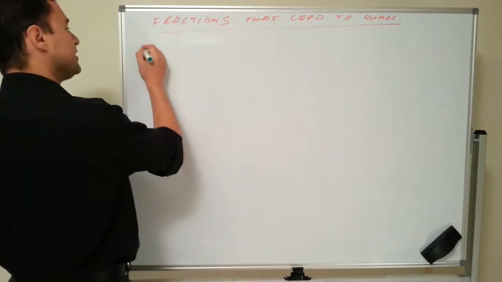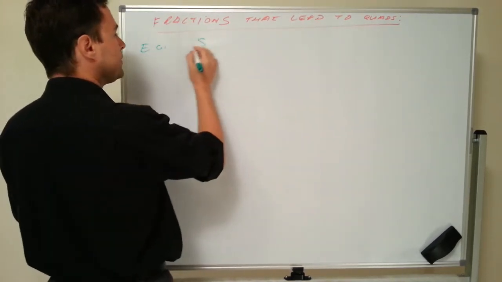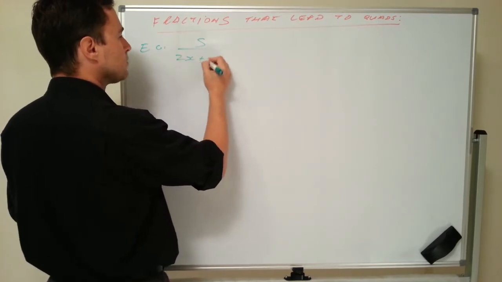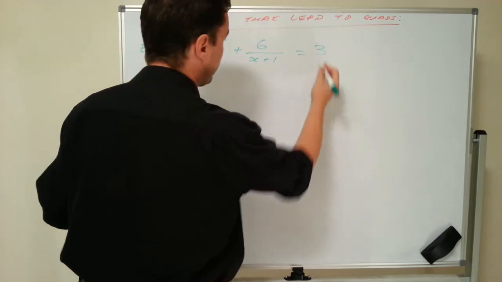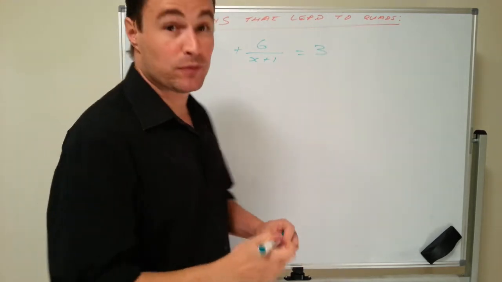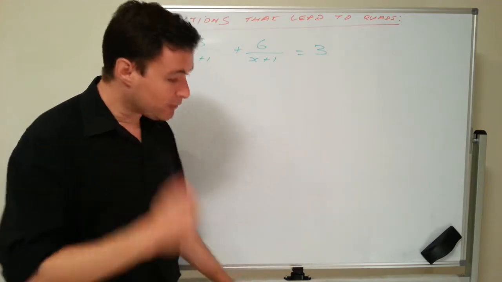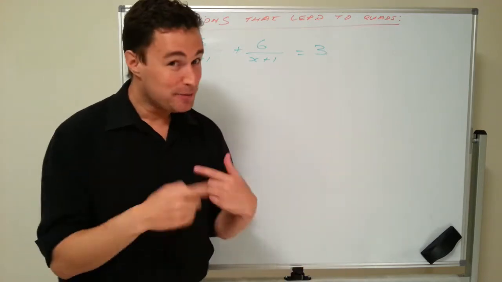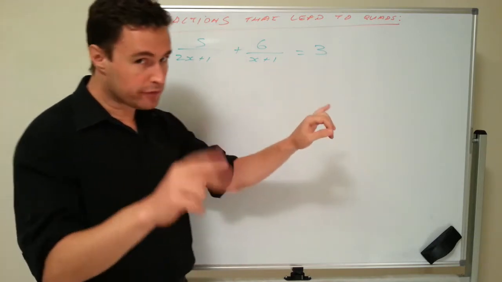So, e.g. we're looking at 5 over 2x plus 1, plus 6 over x plus 1, equals 3. You need to be careful with this, because the first thing that I notice is that I've got two different binomials.